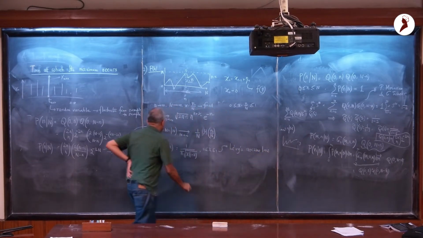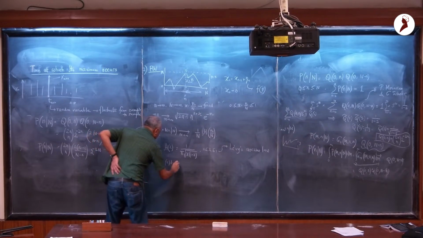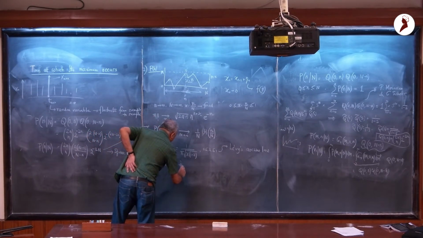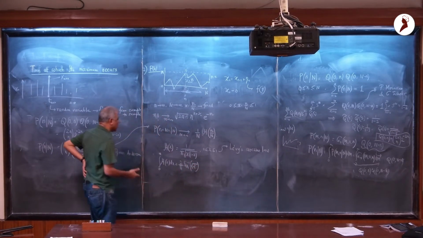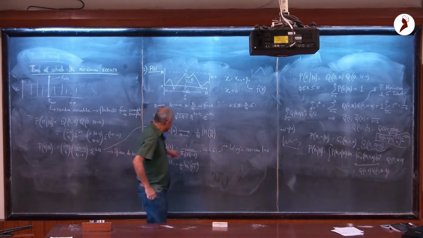Why is it called the arc-sine law? Because if you just look at the cumulative distribution, then this is just 2 by pi sine inverse of square root of z. So that's why it's called arc-sine, because the cumulative distribution has the arc-sine form. So this is the function.